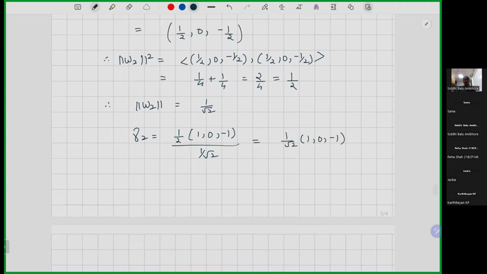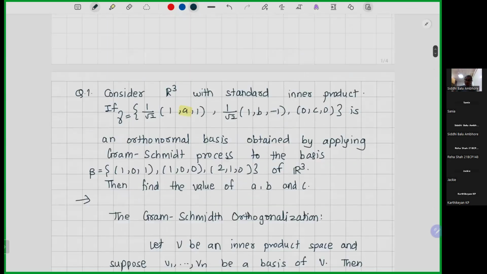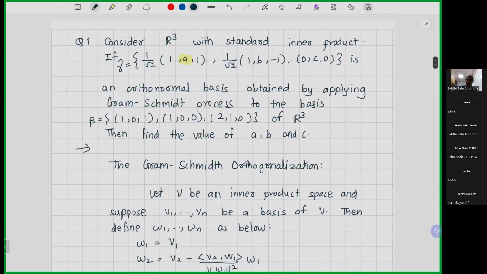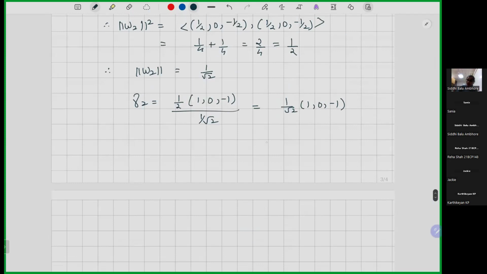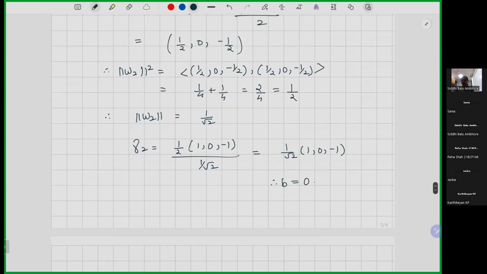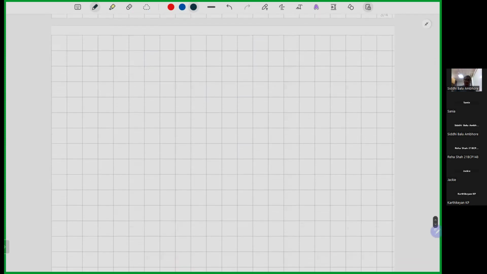Is it okay? And if you remember, B was the second coordinate of this element, which is again 0. So therefore, B is equal to 0.